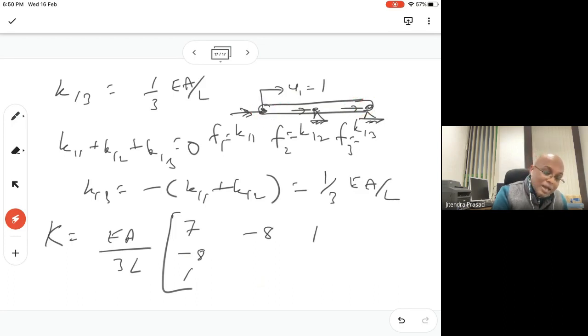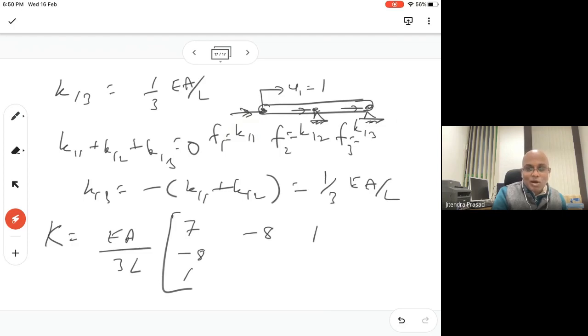If you require K11 to displace this by U1 while keeping these two fixed, you will need the same force as K11, right?